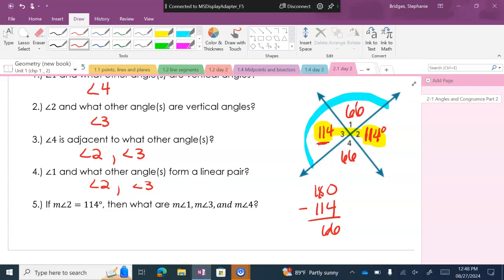So these two add up to equal 180. So I'm going to take the first one plus the second one, and I'm going to set it equal to 180 on those. Okay? Now let me talk to you about one more before I let you work.